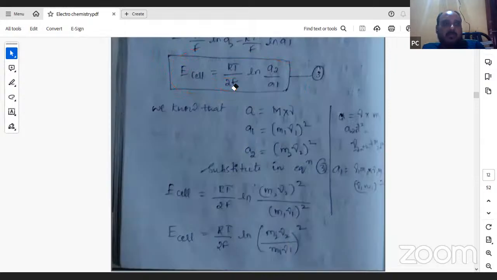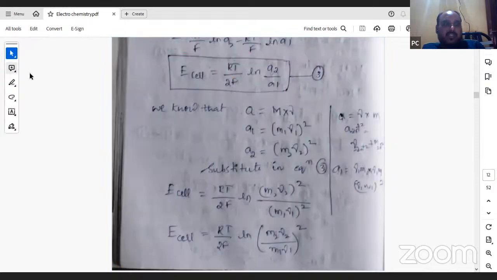Now, as we know the concept of activity coefficients, activity is equal to activity coefficient into molarity. Previously only one ion was there, so it was M into gamma. Now, activity A1 means 2 ions are there.